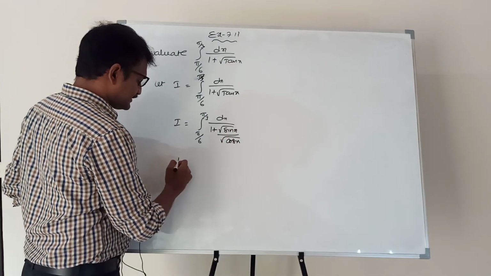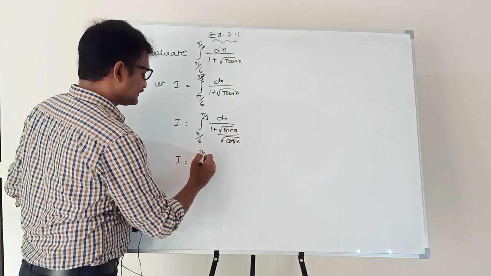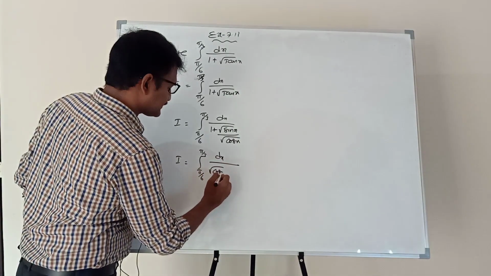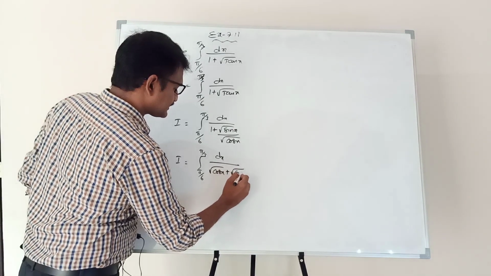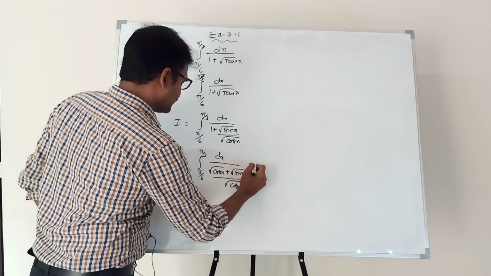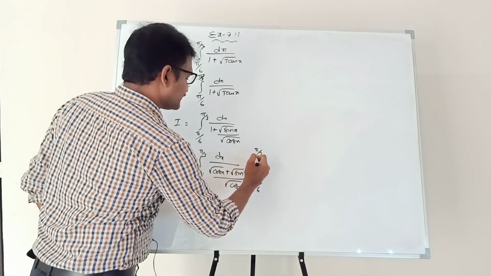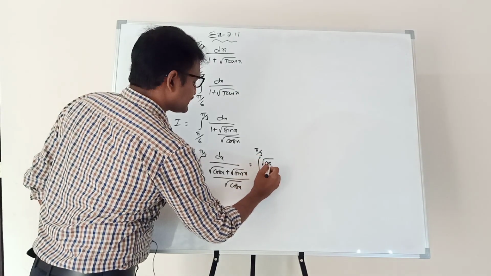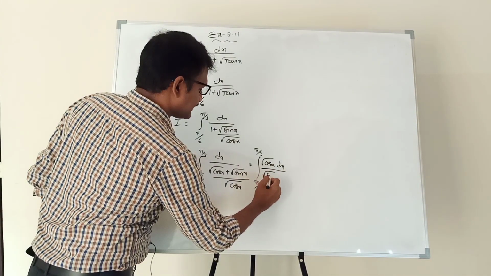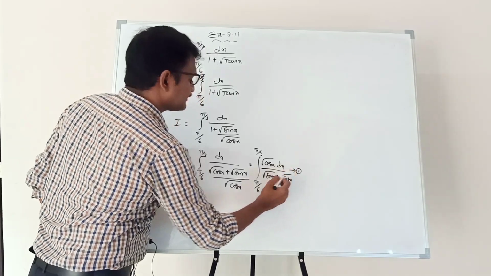Next, if you take the LCM you will get root cos x plus root sin x by root cos x, which is equal to the integral from pi by 6 to pi by 3 of root cos x dx by root of sin x plus root of cos x. This is equation number 1.